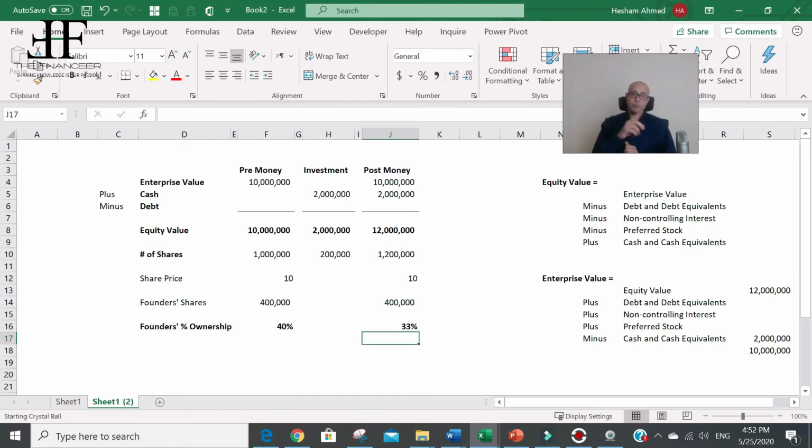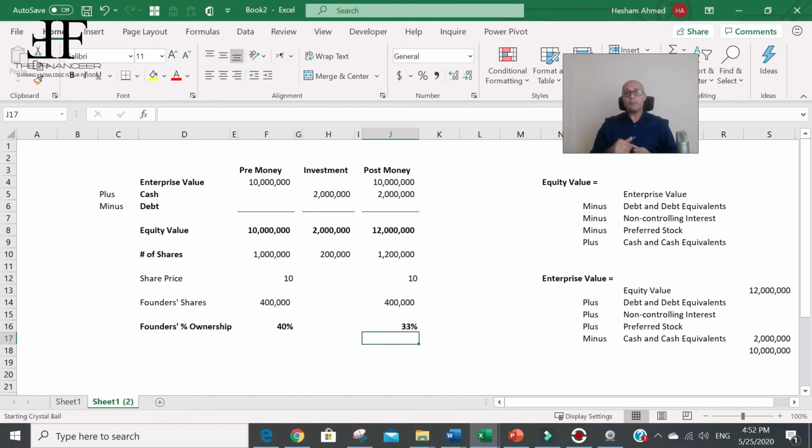Now let's come to the facts. At each round of investment, the ownership percentage of the early investors or the founders starts to be diluted, starts to decline. Why? Because you are issuing new shares.